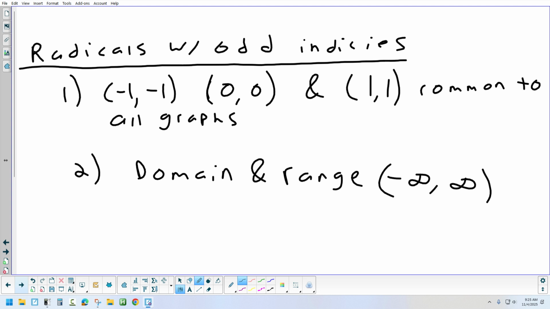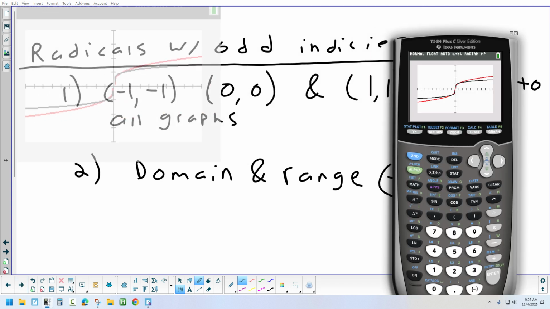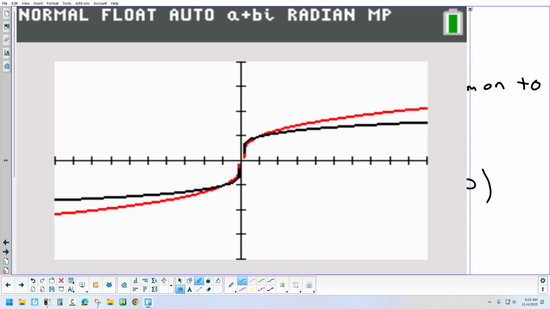Let me put this up first, and then I'll let you copy that down. It looks almost disconnected, but these are continuous, meaning you never have to lift your pencil from beginning to end as you draw it. They go in both directions, and they each have 3 points that are common to all the graphs.